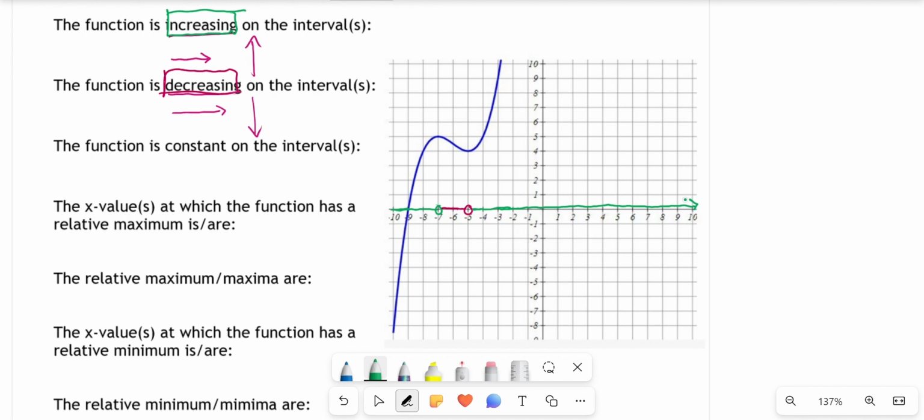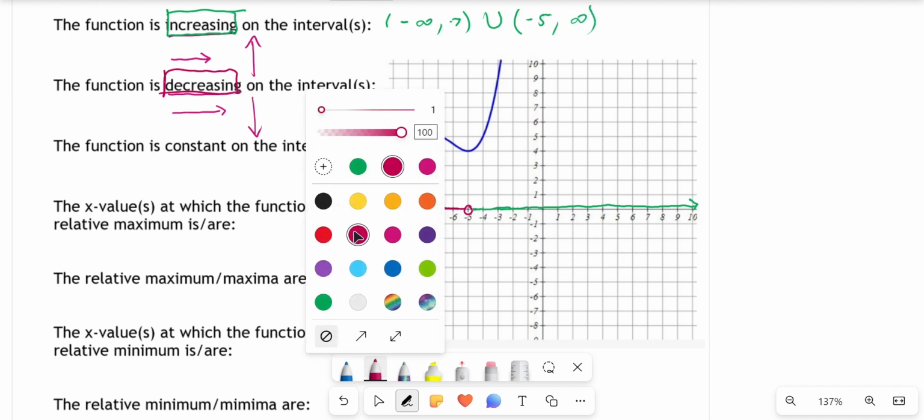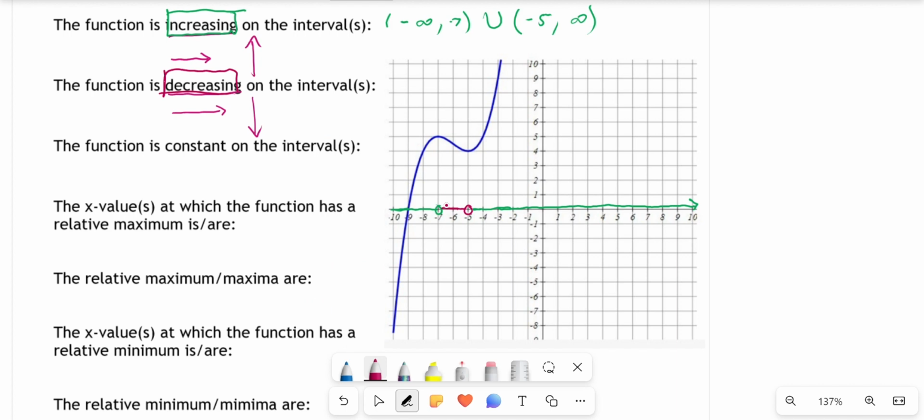So what is the interval on which it is increasing? Well, it appears to go from as far left as we can go, up to -7. And it seems like it does that again from -5 up to positive infinity. On the other hand, where is it decreasing? Well, just in this middle gap here, just between these two values.